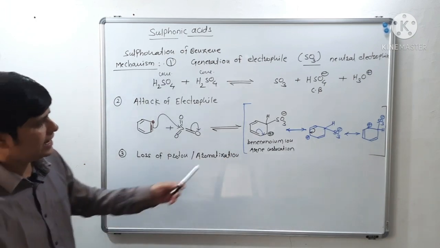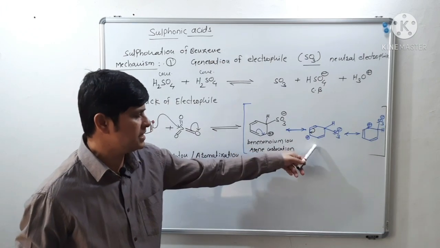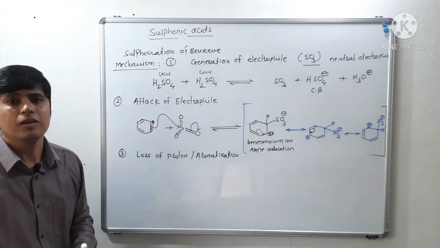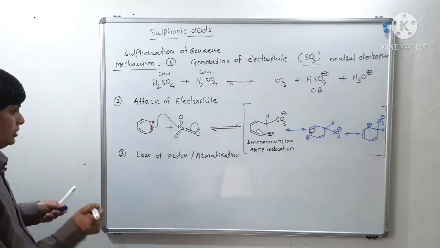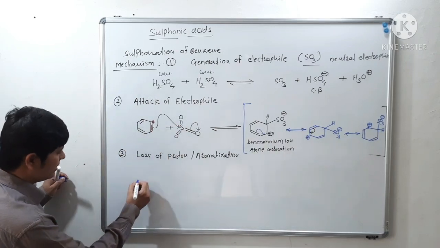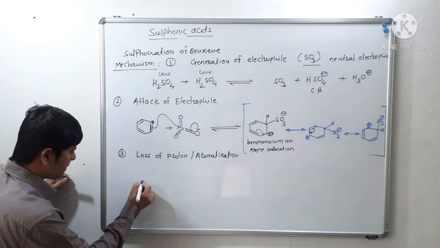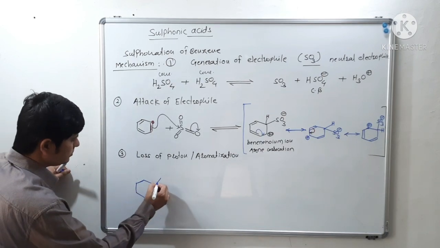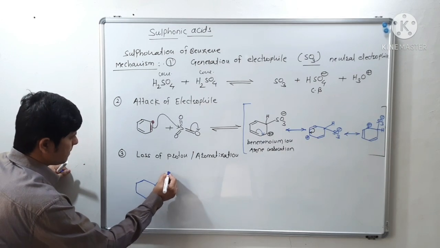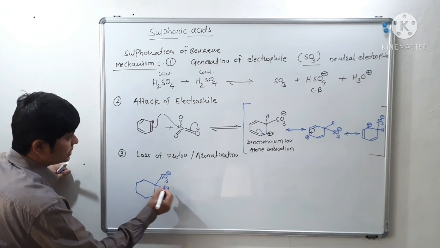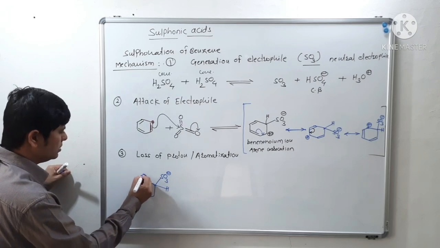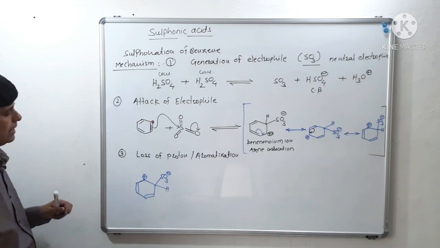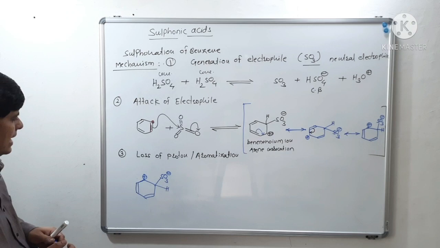So we will take the last intermediate, SO3 minus, H. The positive charge is on this carbon atom, and the rest of the structure is as it is.